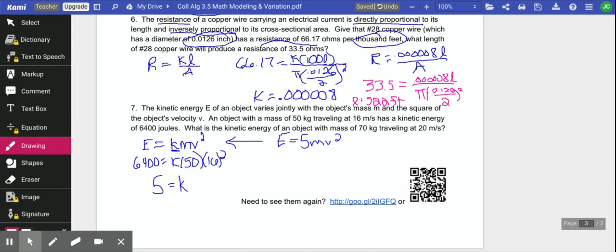Now, if they're asking you for the model, you would be done, but they're not. They're asking, what is the kinetic energy of an object with a mass of 70 when it's traveling at 20 meters per second? So we're just going to plug those things in, use our calculator to find our energy is 140,000 joules.